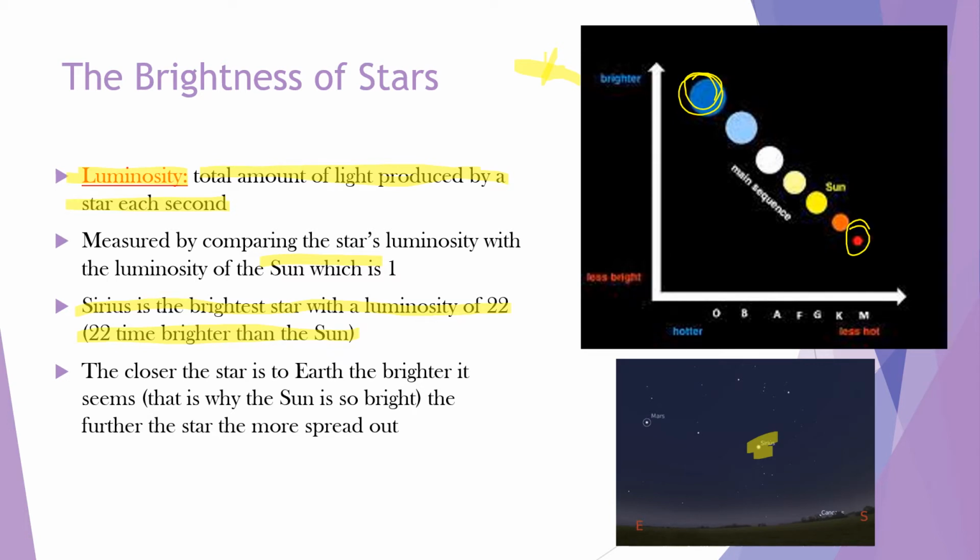Okay, so remember how we use graphs. So if we had a star over here, that's going to be a star that is very bright, but not as hot. And whereas over here, this would be a very hot star, but less bright.